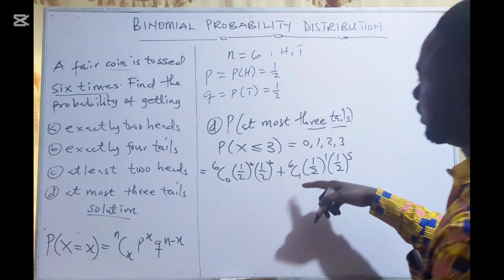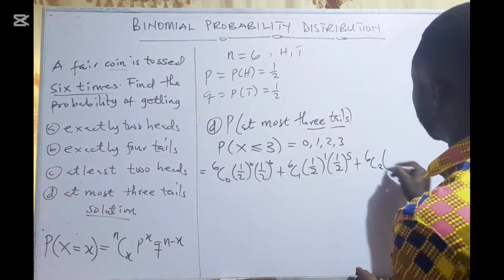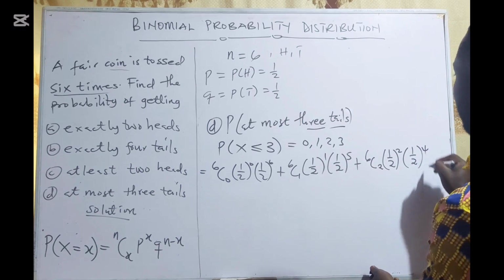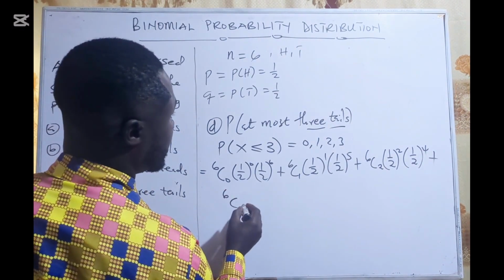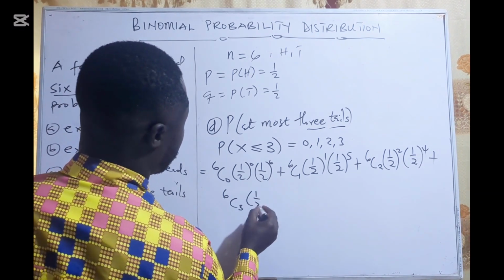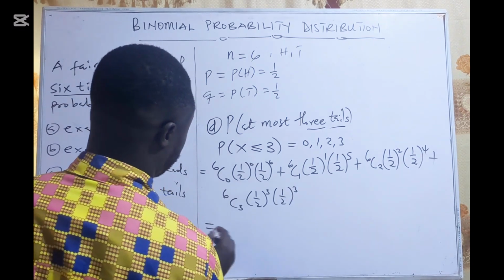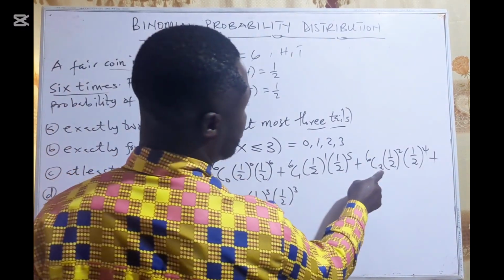That is when the tail is 1. Or 6 combination 2, 1 over 2 exponent 2, 1 over 2 exponent 4. That is when it is 2. Or 6 combination 3, 1 over 2 exponent 3, 1 over 2 exponent 3. So here the tails are 0, 1, 2, and then 3.